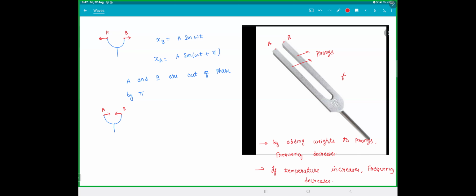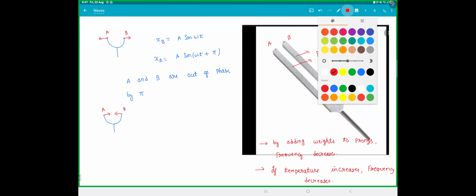Chalo, let's start off. So how do you generate these waves using a tuning fork?